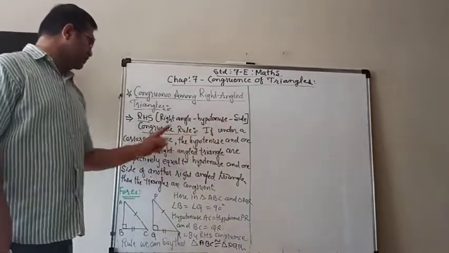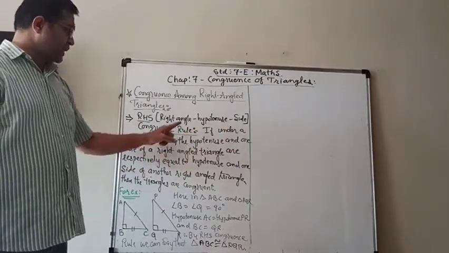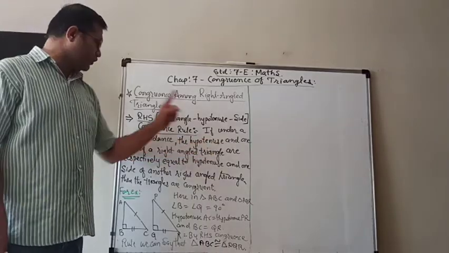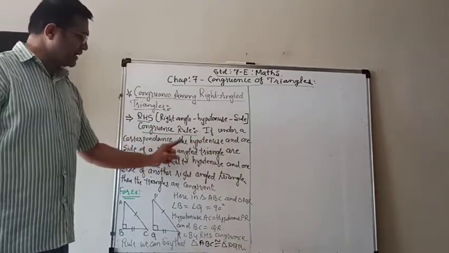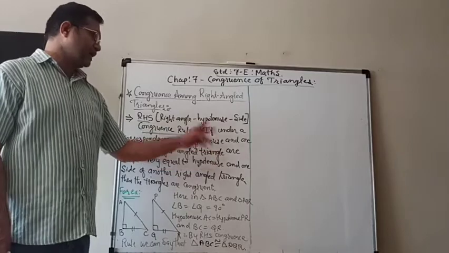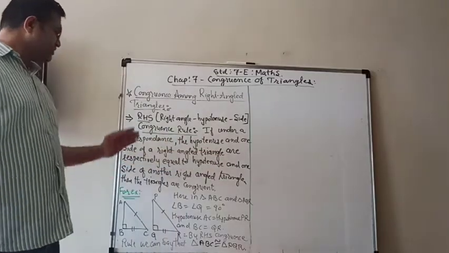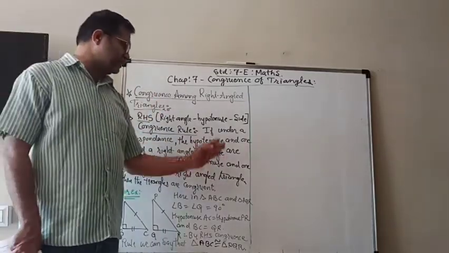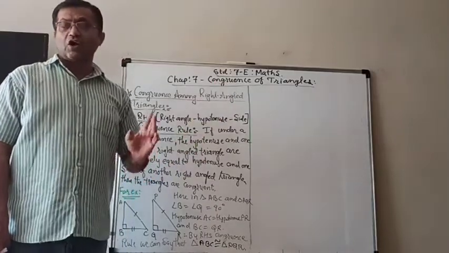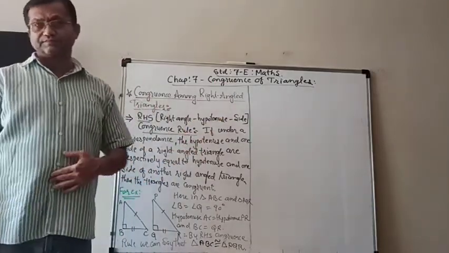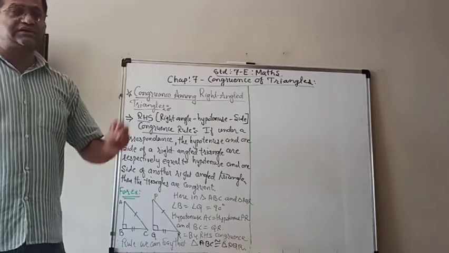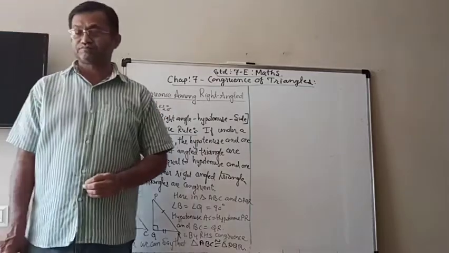If under a correspondence, the hypotenuse and one side of a right angled triangle are respectively equal to hypotenuse and one side of another triangle, then the triangles are congruent.